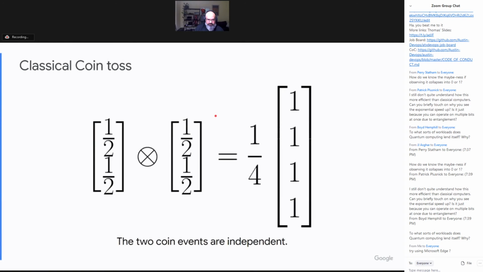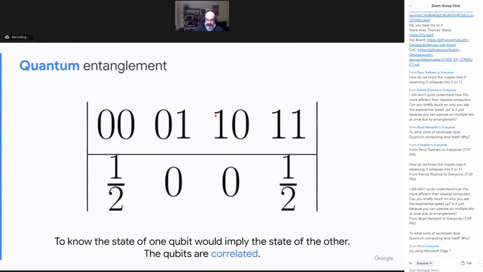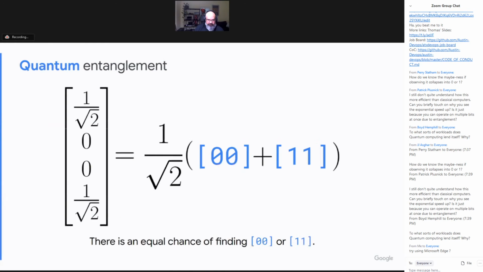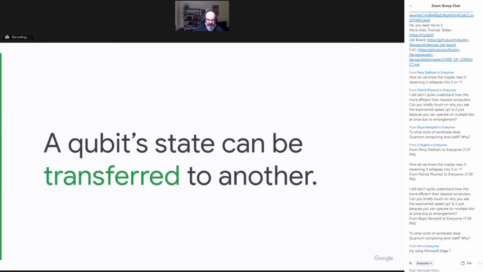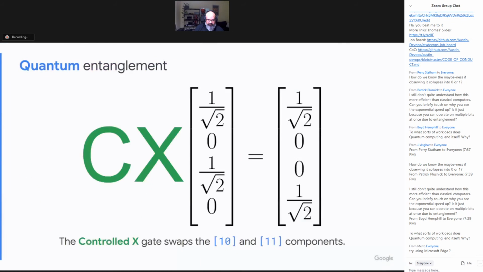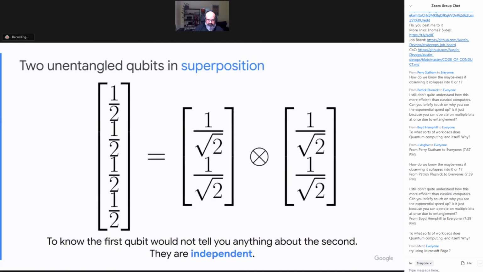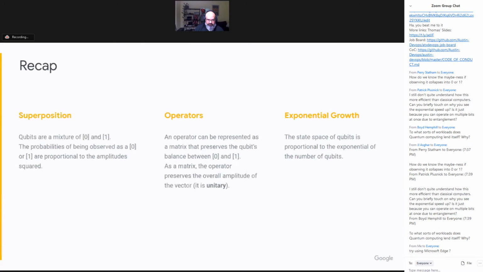But suffice it to say that the exponential speed up comes from the exponential state space that you get to play with. That by adding 3 qubits and then 4 qubits and on, you get more than a merely linear or polynomial amount of work that's being done.